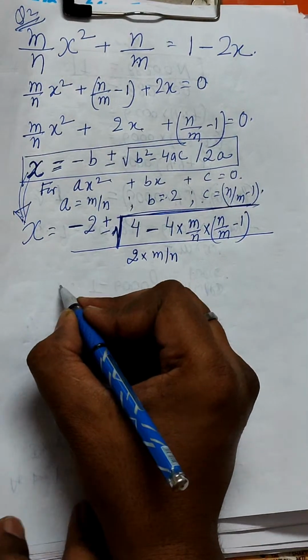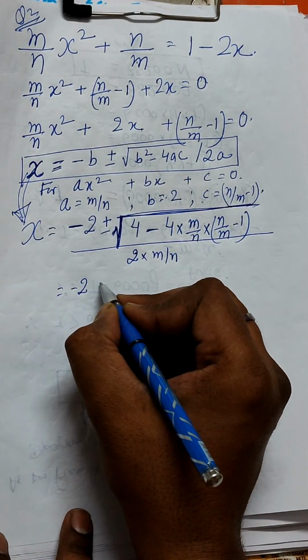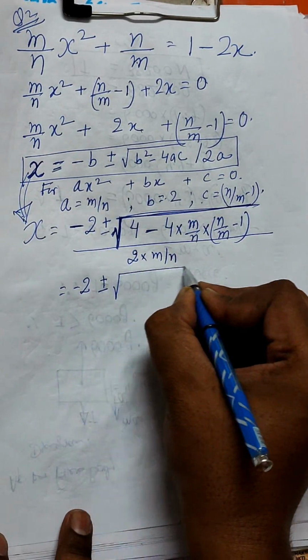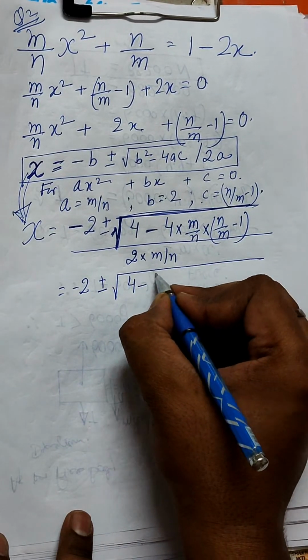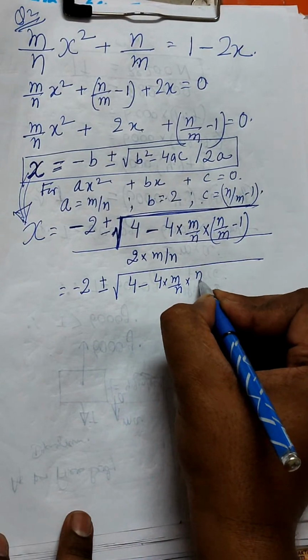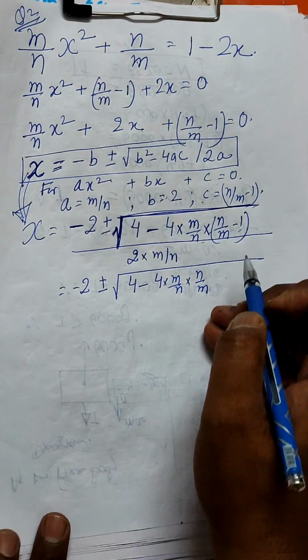Now this will give you minus 2 plus minus root over 4 minus 4 into m by n into n by m. I've just splitted this bracket, right?